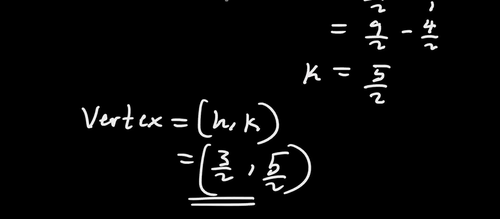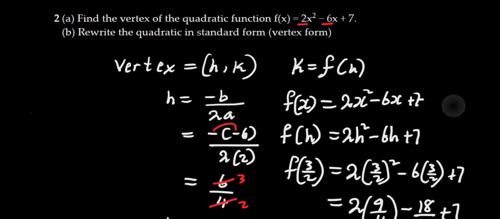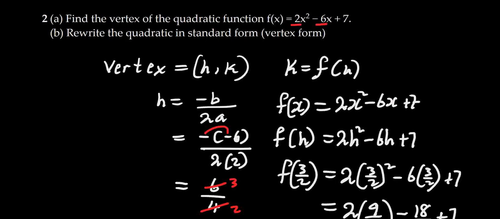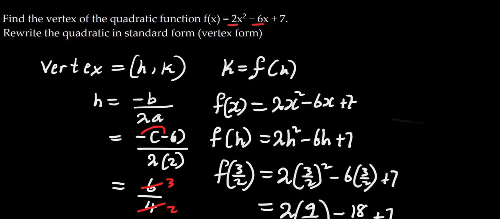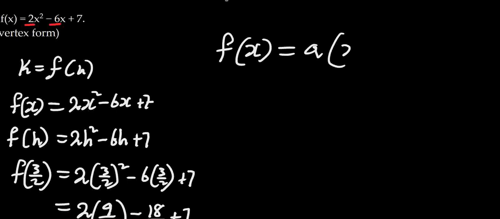Now to solve question B. Question B says rewrite the quadratic in standard form. Okay, so now the standard form of quadratic is given as f of x is equal to a, open parenthesis, x minus h squared plus k.